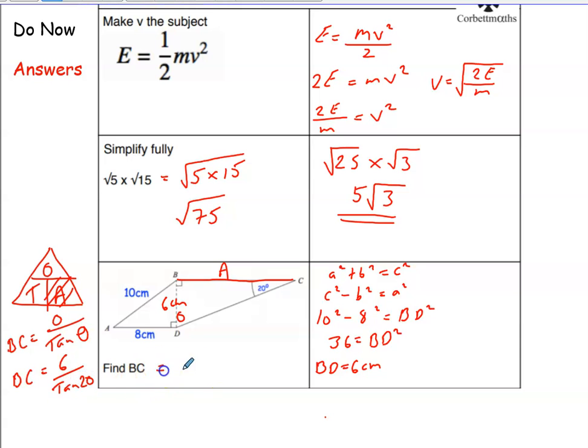That will give us BC. And that gives us 16.48 to 2 decimal places, in centimeters. Okay, so that's our answer for this one.